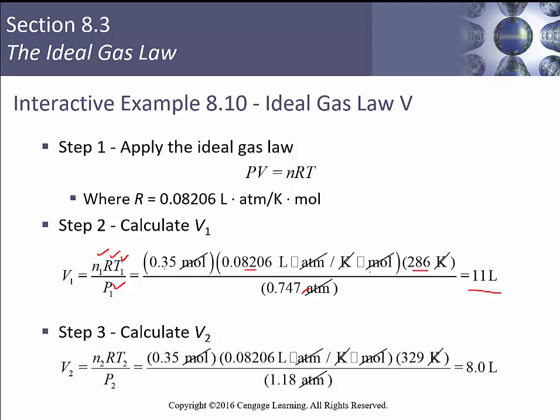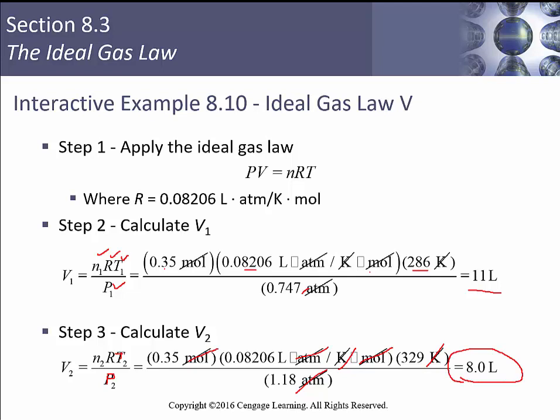We can calculate V2 by doing n2 times R times T2 over P, and we get 3.35 moles times 0.0821 liters times atmospheres per mole Kelvin. Our moles cancel out, our atmospheres cancel out, our Kelvins cancel out, because we're multiplying by 329 Kelvin, and we end up with 8 liters.